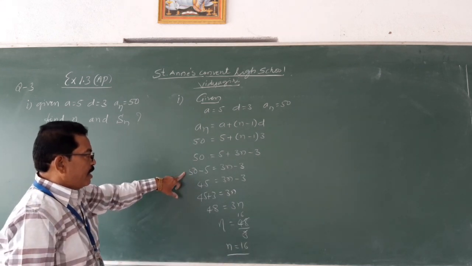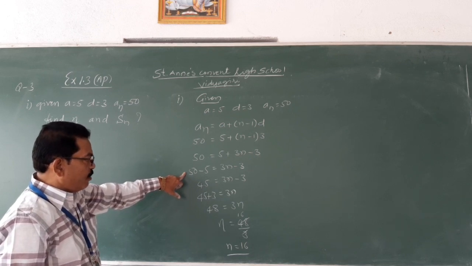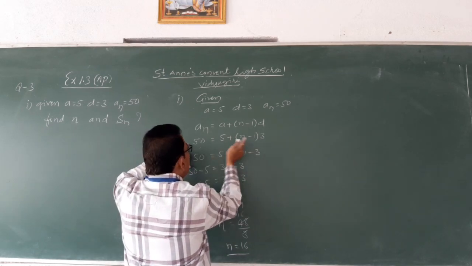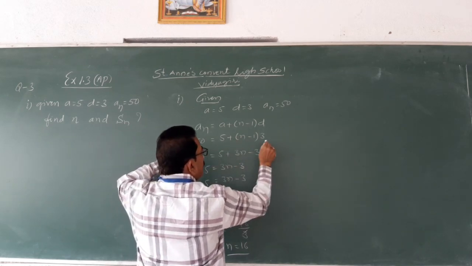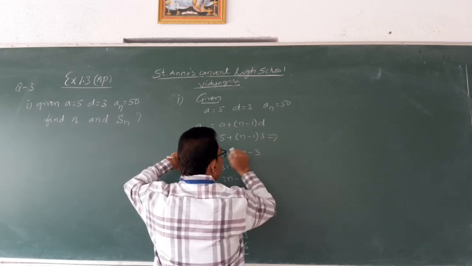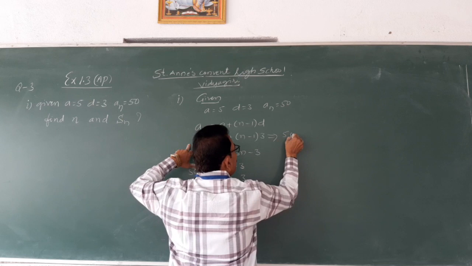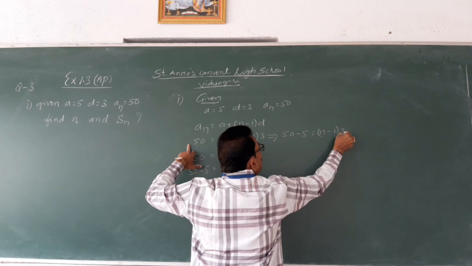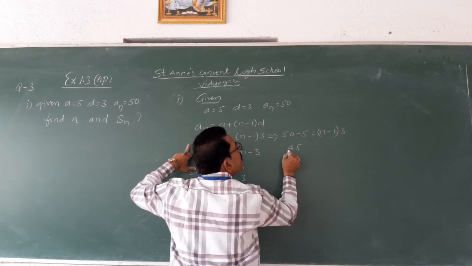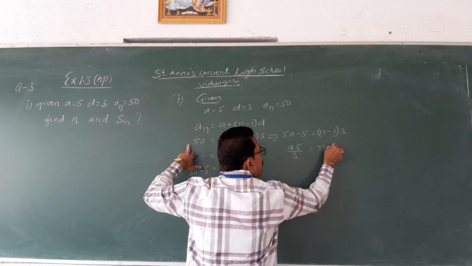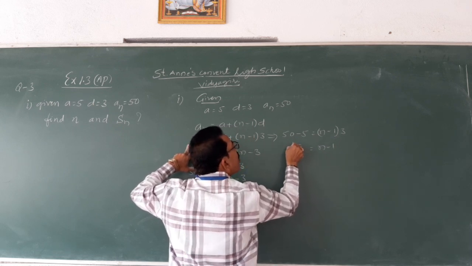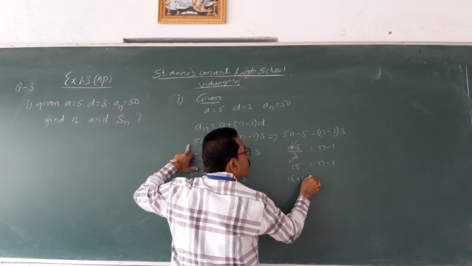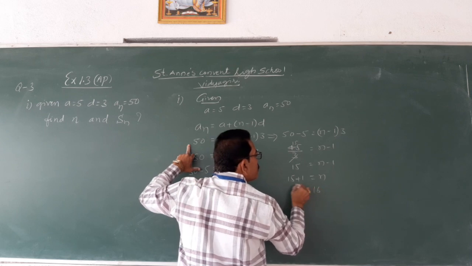Also, you can simplify in a different way. Instead of multiplying, transfer this term and then divide by this one, n minus 1 this way. 50 minus 5 equals (n minus 1) into 3. 45 by 3 equals n minus 1. 3 fifteens are 45, so 15 equals n minus 1. 15 plus 1 equals n. n equals 16.